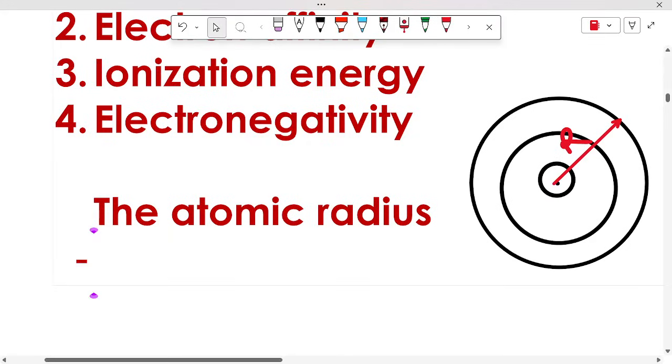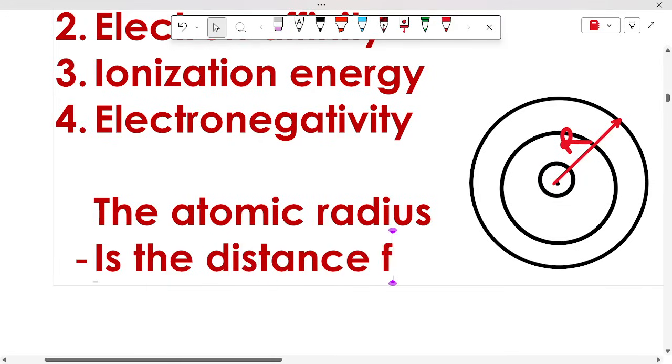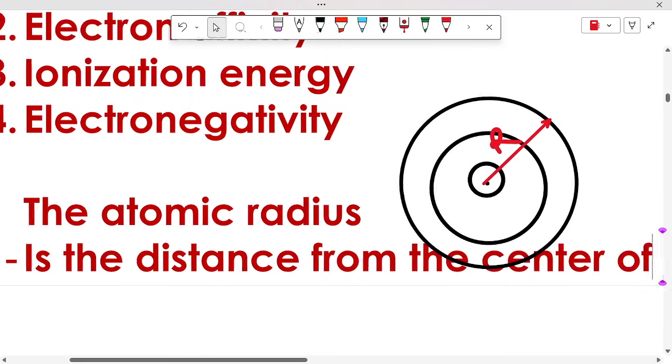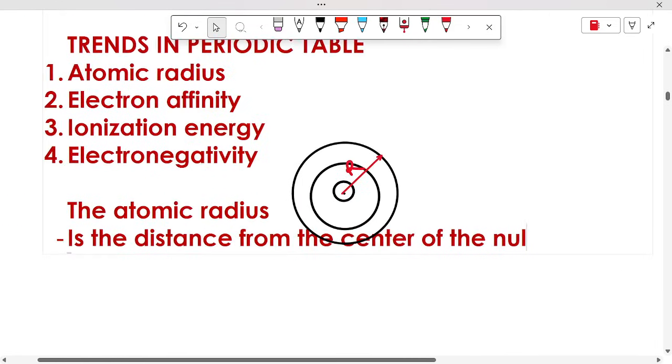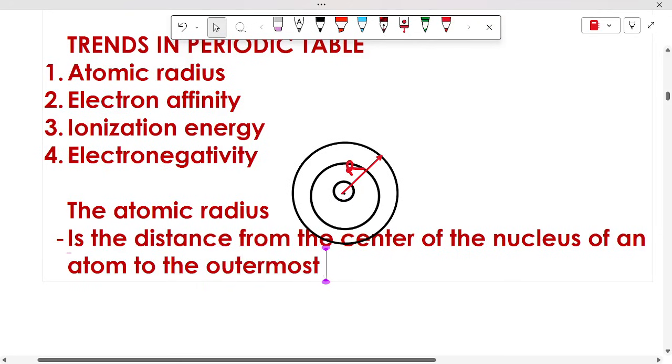Normally, we have said the atomic radius is the distance from the center of the nucleus of an atom to the outermost shell.